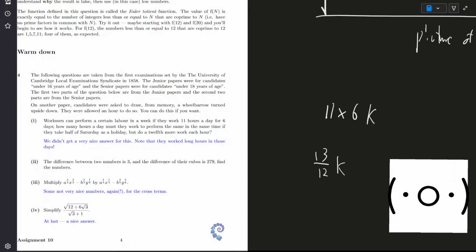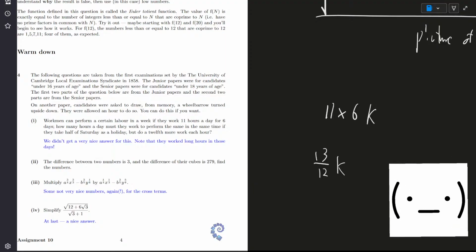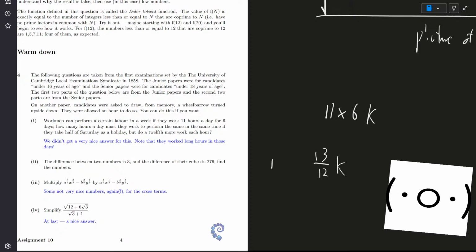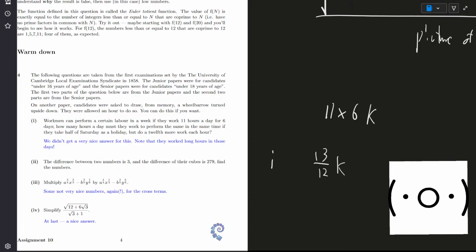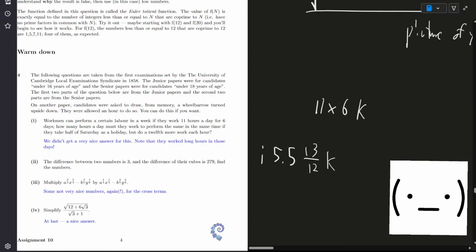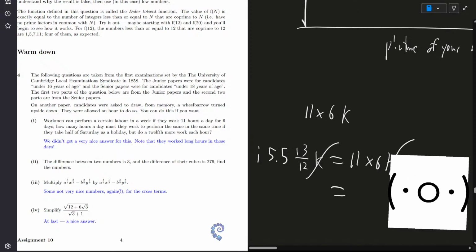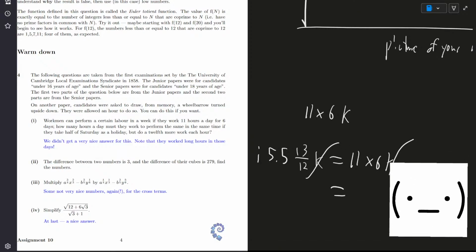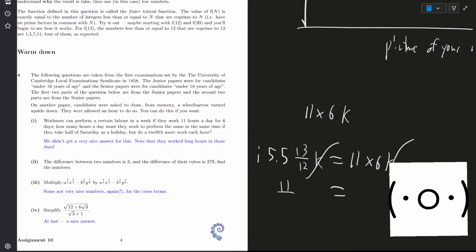So now we have some I. Now this I is how many hours a day they must work. Now they only have this many days. So now these two equal each other. Take the K out. 5.5, that can become 11 divided by 2.